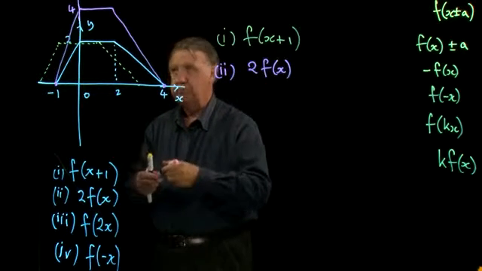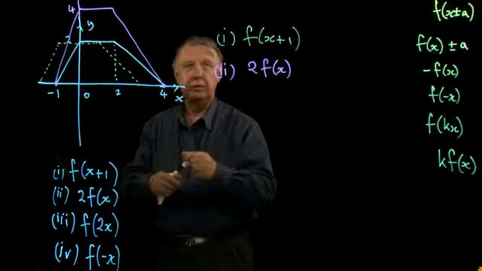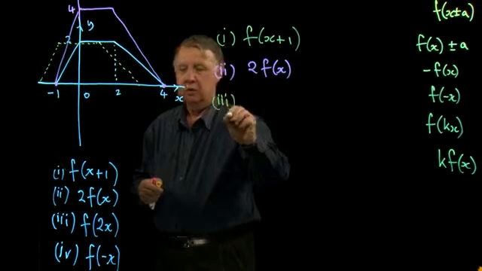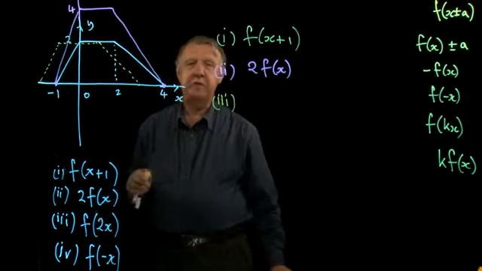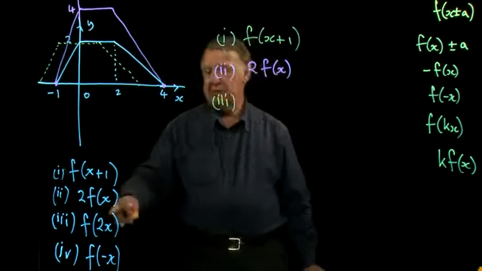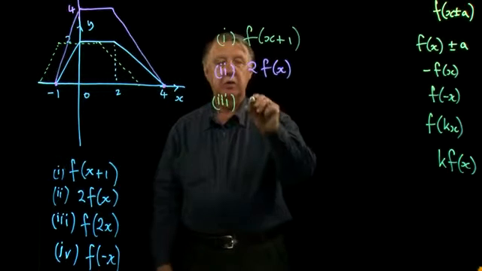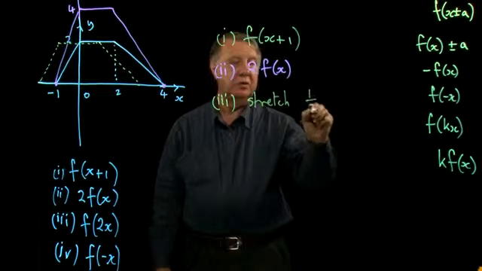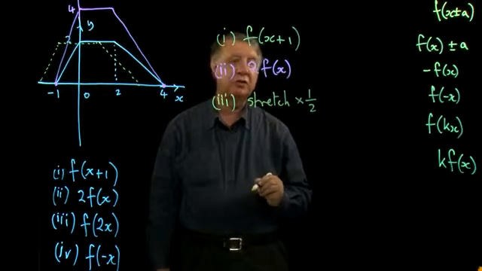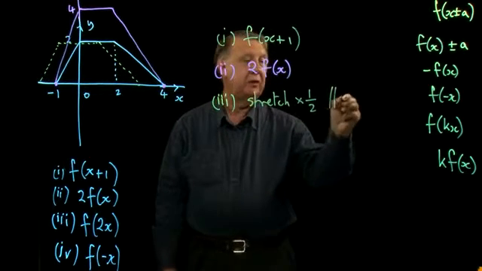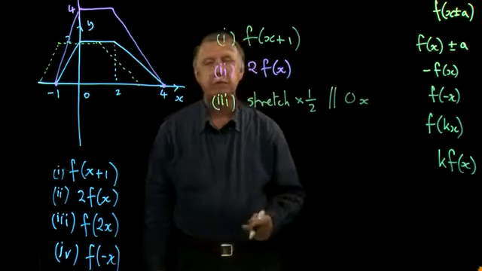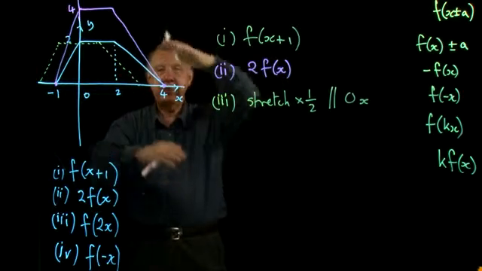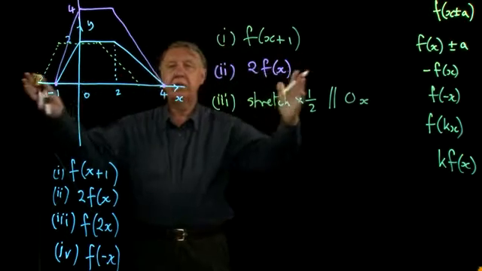Number 3. Now, let's go back to the yellow. Now this one, remember, this is the tricky one. This is a stretch by 1 over k. So a stretch by a factor of 1/2 parallel to the x-axis. So everything comes in. Nothing happens in the y direction, everything comes in.